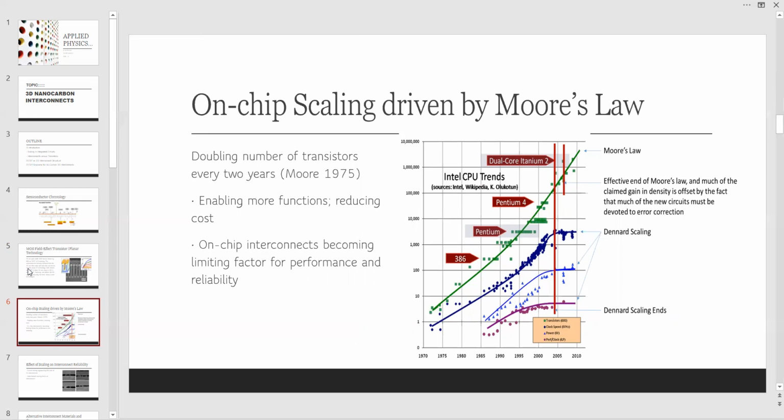Effect of the end of Moore's law: much of the claimed gain in density is offset by the fact that much of the new circuits must be devoted to error correction. Scaling ends. This is the graph of Intel CPU trends.